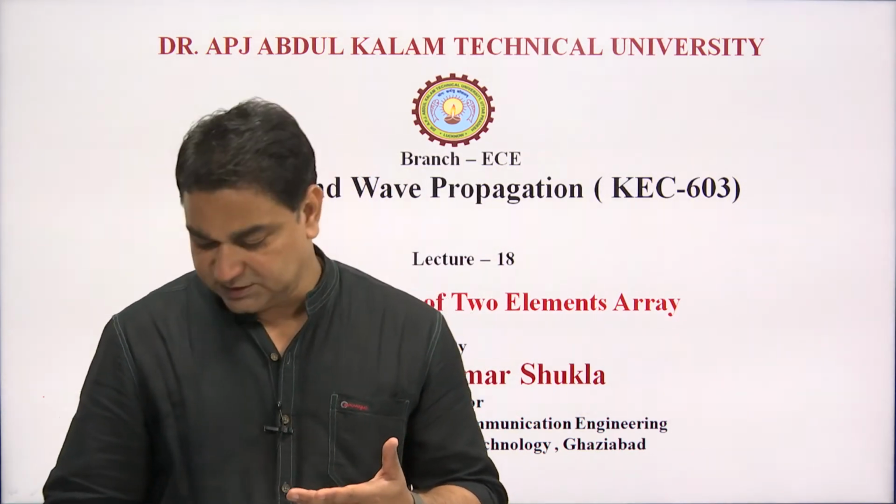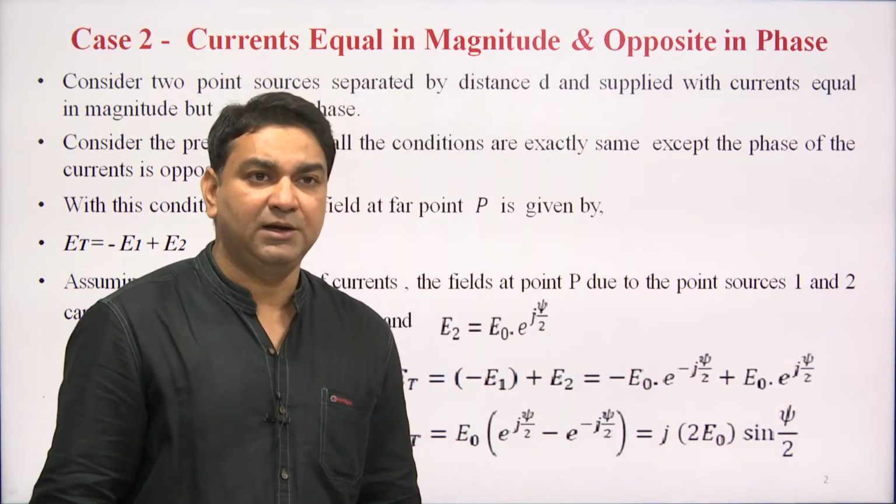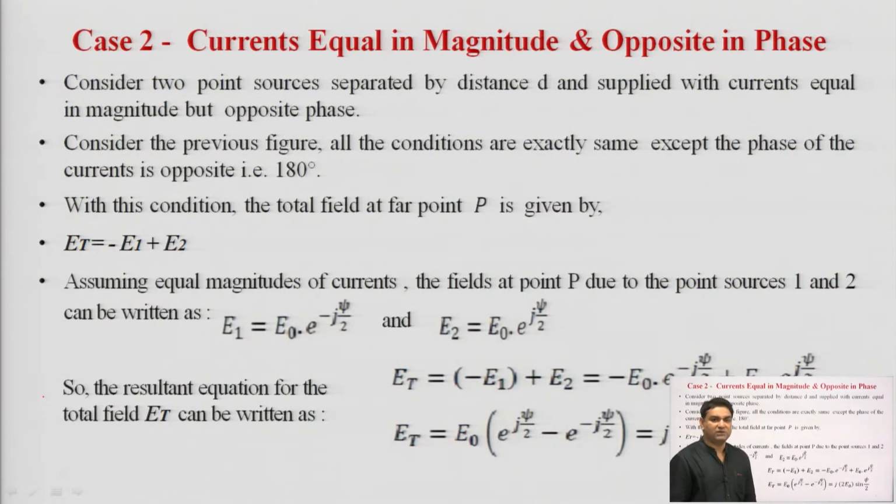So, let us start case number 2, where the 2 point sources in an antenna array system are excited with currents having the same magnitude and opposite phase.